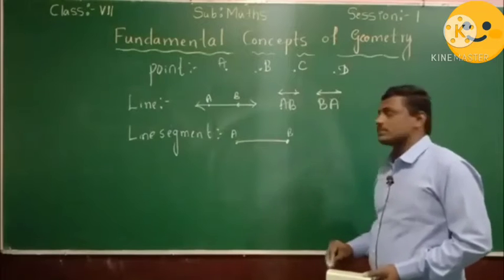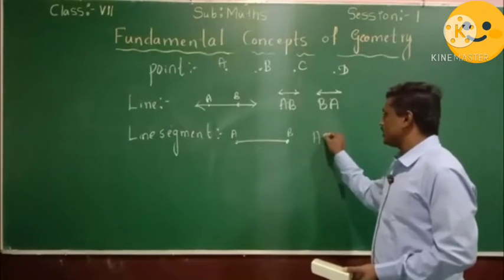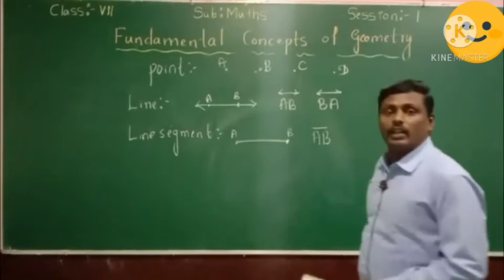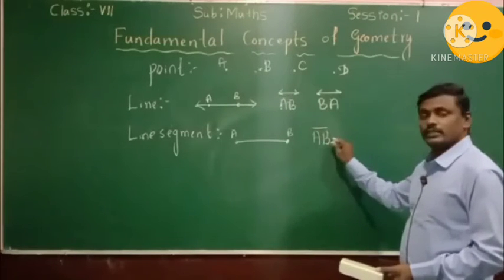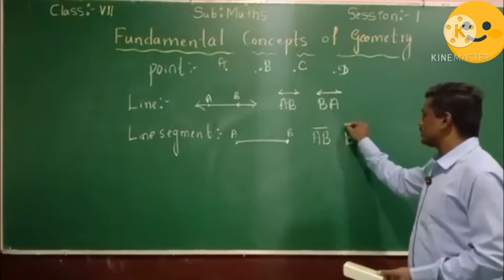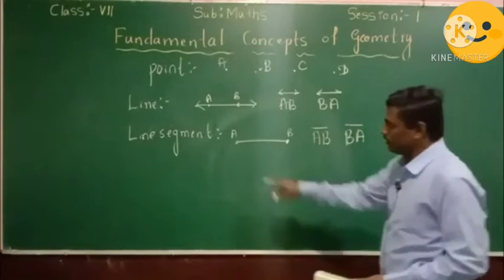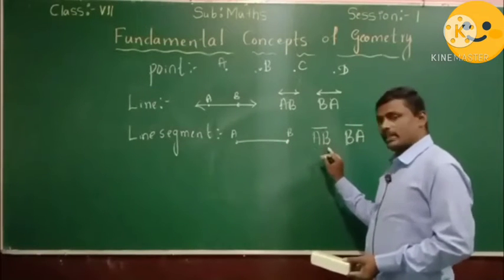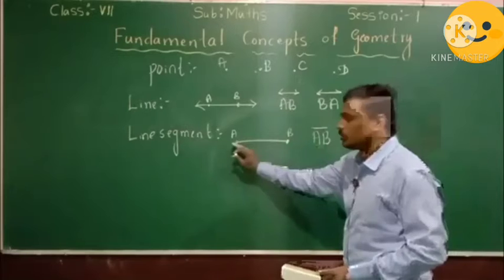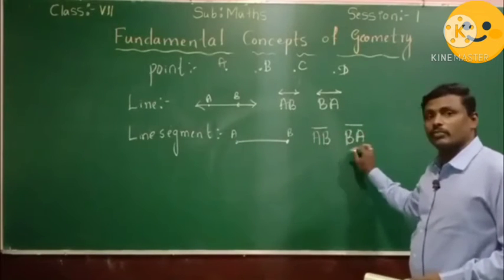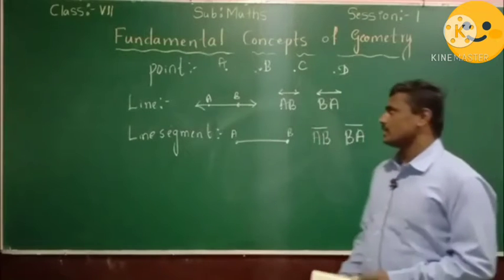Line segments are represented by capital letters with a line symbol. If I start from A to B, I write AB is a line segment; from B to A, BA is a line segment.